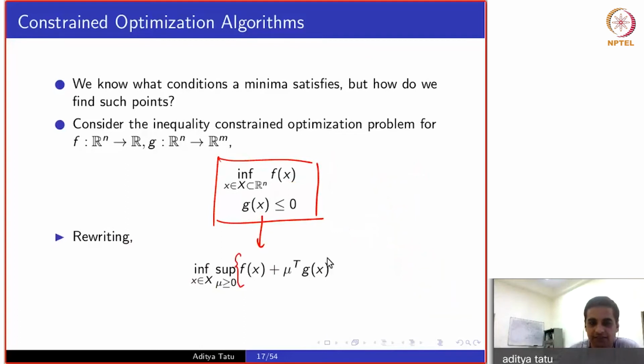This is the function f(x) plus mu transpose g(x). I am going to ignore the inf for now. I want to maximize this, not over x. Remember, I want to maximize this over all non-negative mu's. What would happen with this?